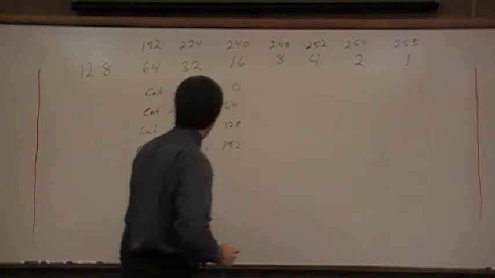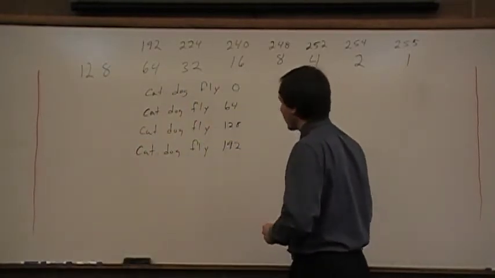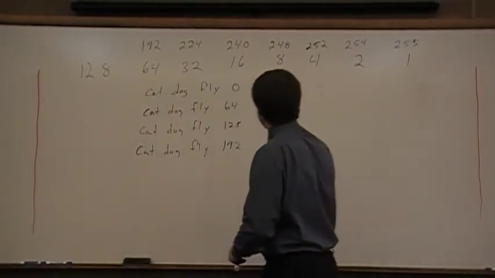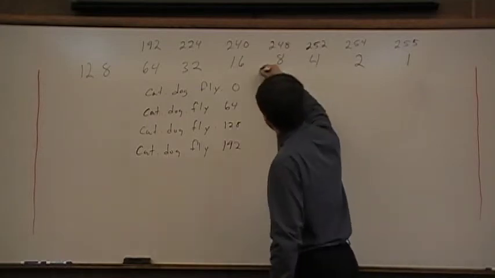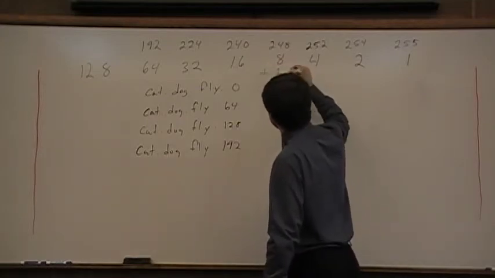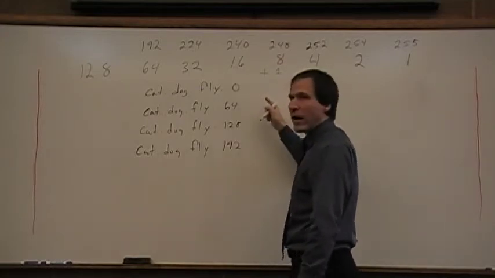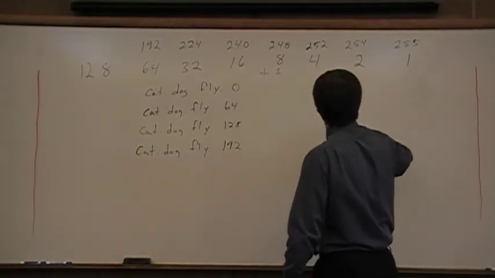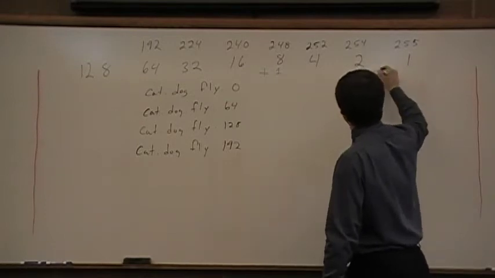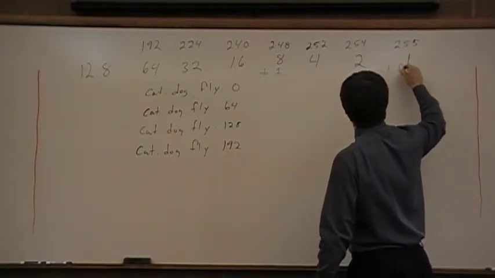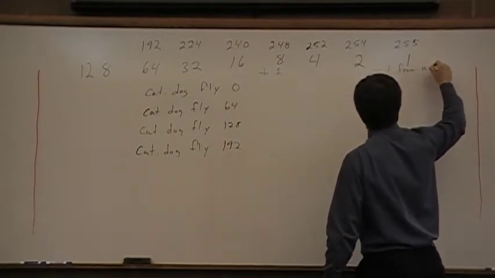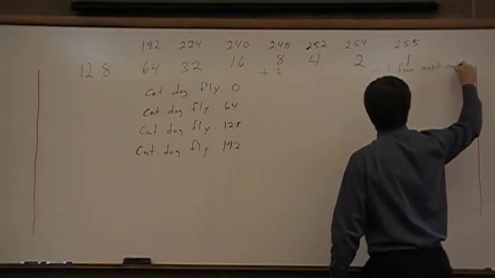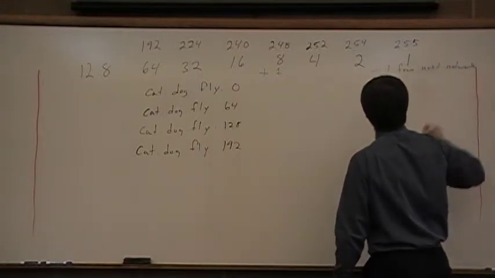Now the next part, and I'm not going to write cat, dog, fly over and over again, is you add 1 to your network to find your first usable IP address. You add 1. And then you subtract 1 from the next network to get the broadcast.